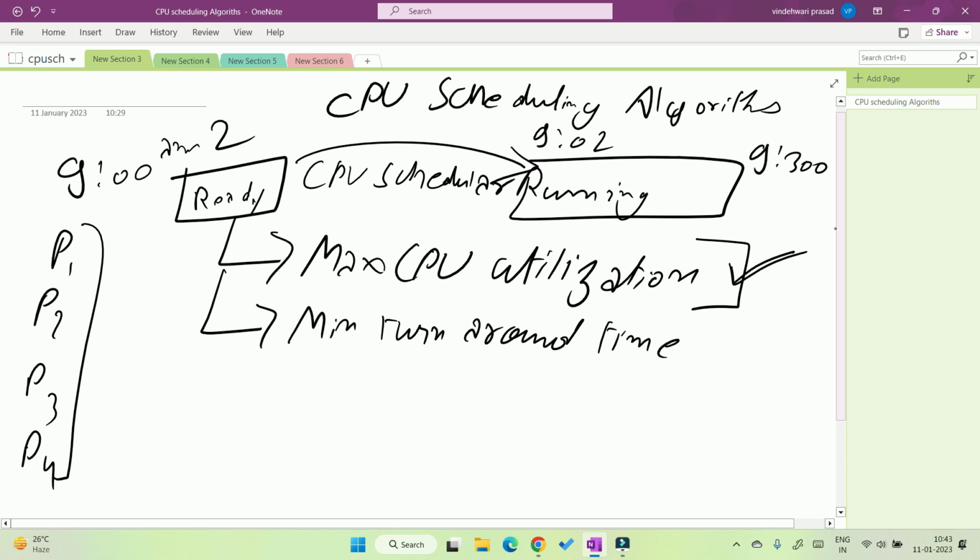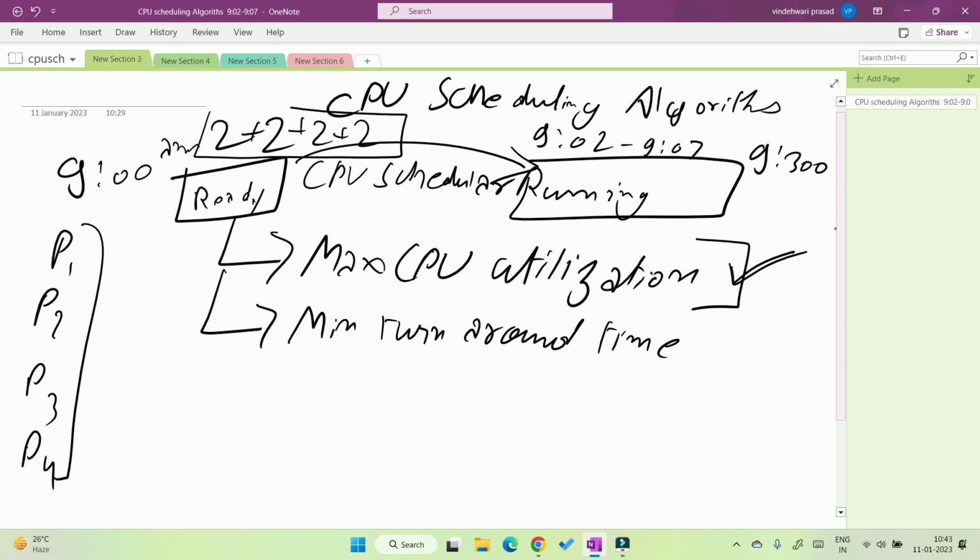Then it works for 5 seconds. As a result of the time quantum it goes back, waits 2 more seconds, comes here, waits again, and so on. In total, 8 minutes are spent waiting and 22 minutes are spent working.